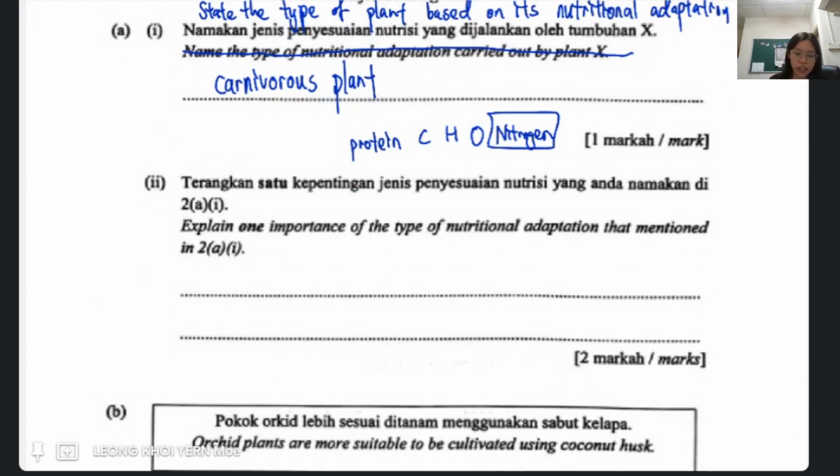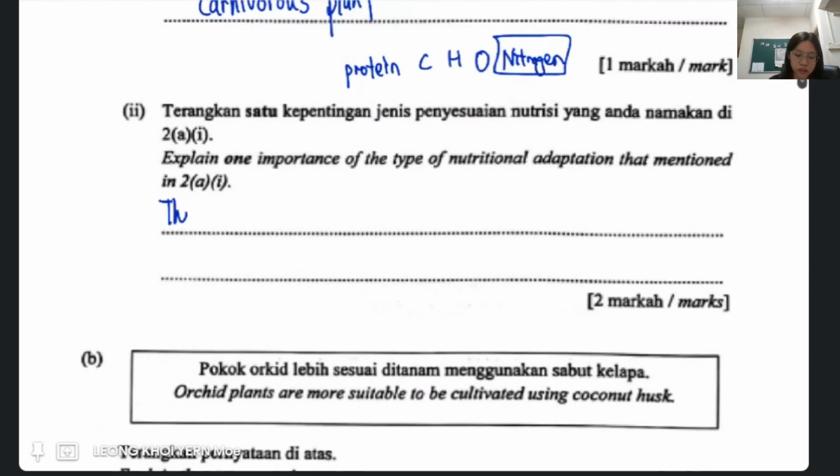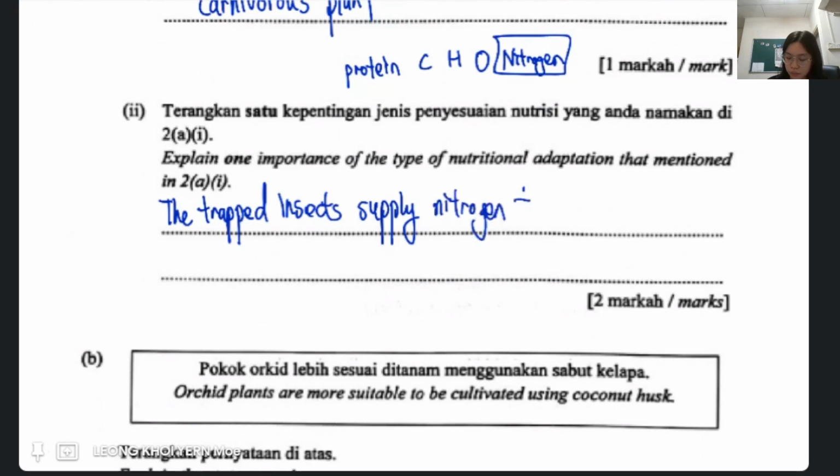So the answer is mentioning that the trapped insects supply nitrogen. That's why nitrogen is important to the plants. So you can emphasize what is the importance of nitrogen. Nitrogen is important for growth.